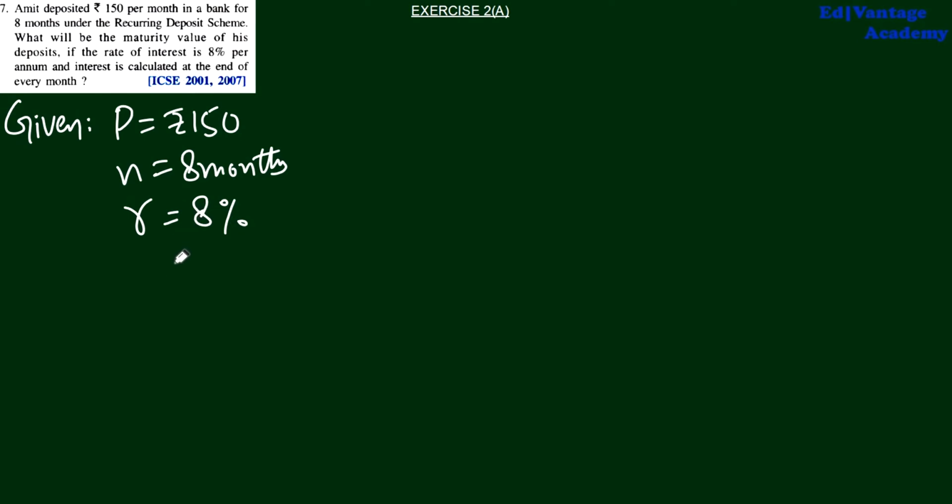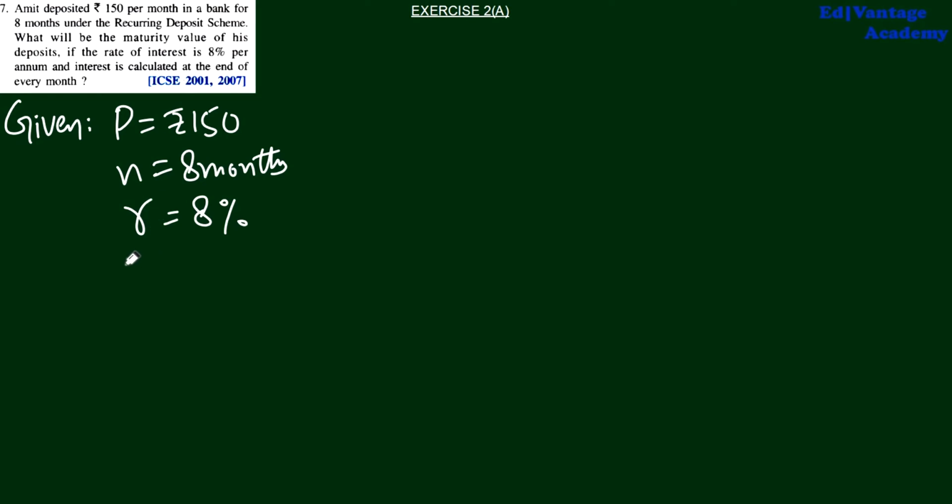Now what does this question say? It means it is a recurring deposit account, so don't get scared. Interest is calculated at the end of every month means what? It happens in the recurring deposit account, like in compound interest where it used to be calculated after every time period. So here also it happens, that is interest is calculated at the end of every month in every RDA.